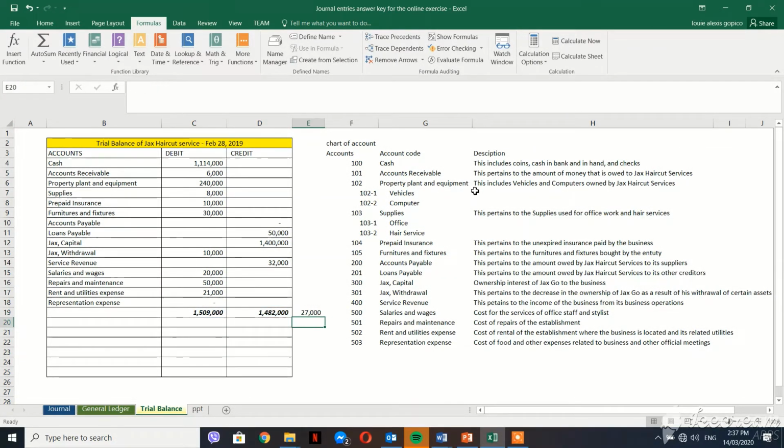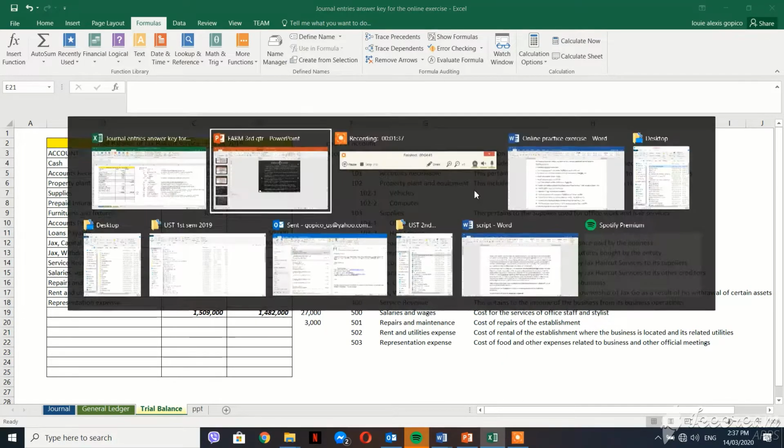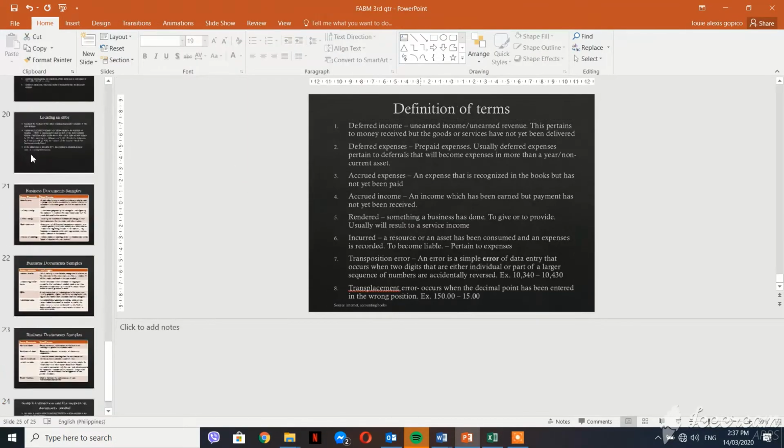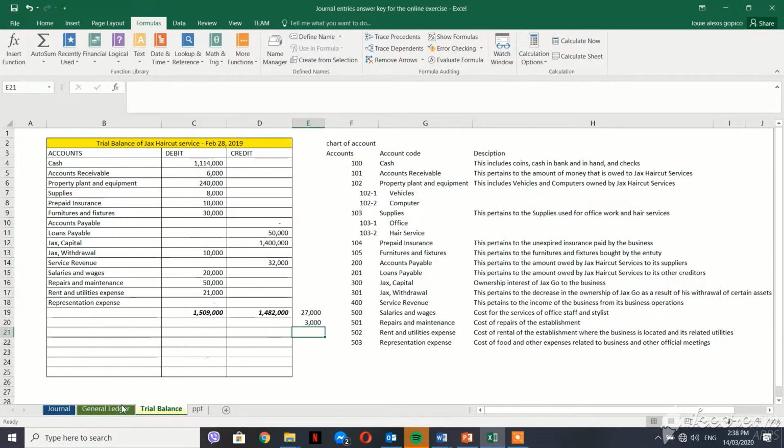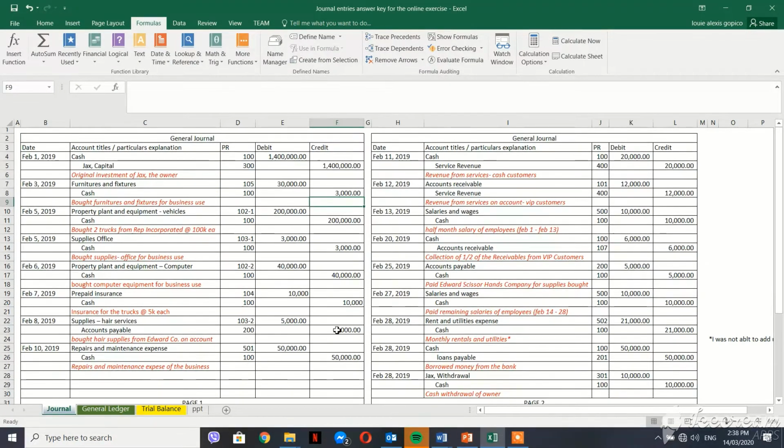It states that if the difference is divisible by 9, it suggests that there is a transplacement or transposition error. So if you look at the journal entries, the balances, the debits and the credits, you will find this.